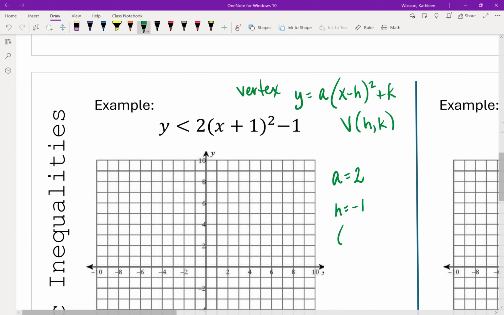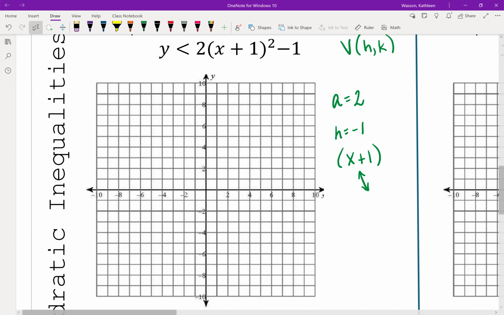I have parentheses x plus 1 in the middle of this, and it's written this way because it's kind of awkward to write x minus -1. But that's why h is negative, because the middle should be an x minus expression. K is the number at the end, so that's also -1.